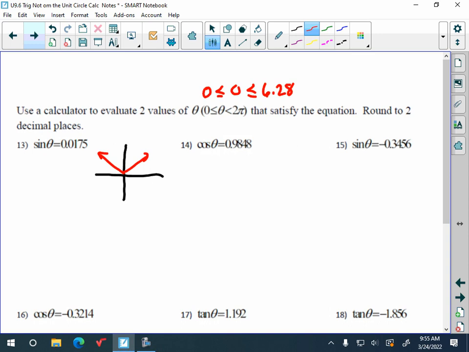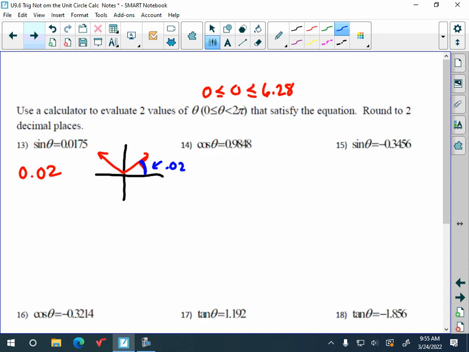Yeah, make sure you're in radians though. Yeah, we're still looking for angles. All right, so 2 decimal places, 0.02. That's this angle right here. That's 0.02 radians. Now, so this is one of the answers. That's this angle right here. Now, how do I find this angle right here? It's not the same.